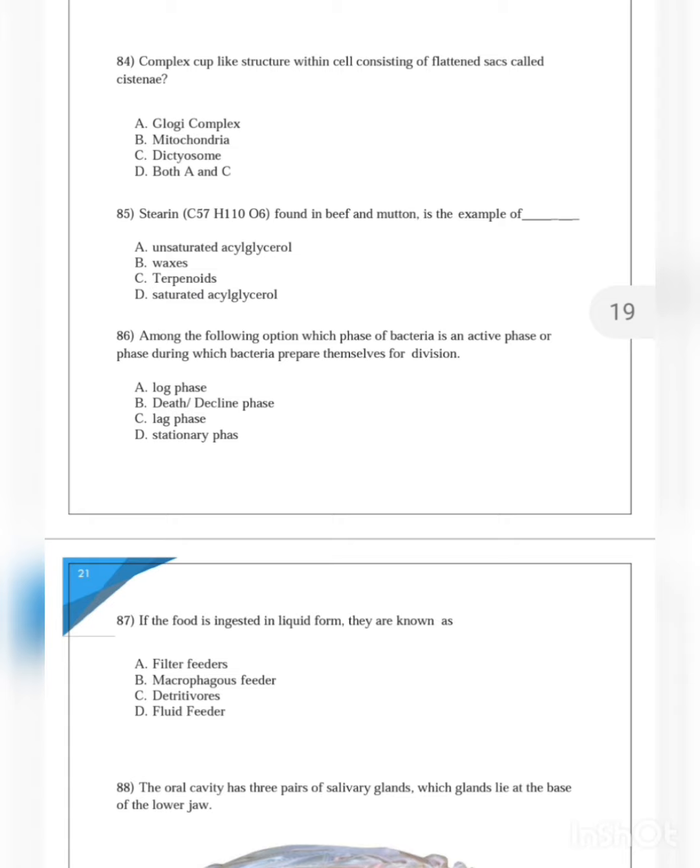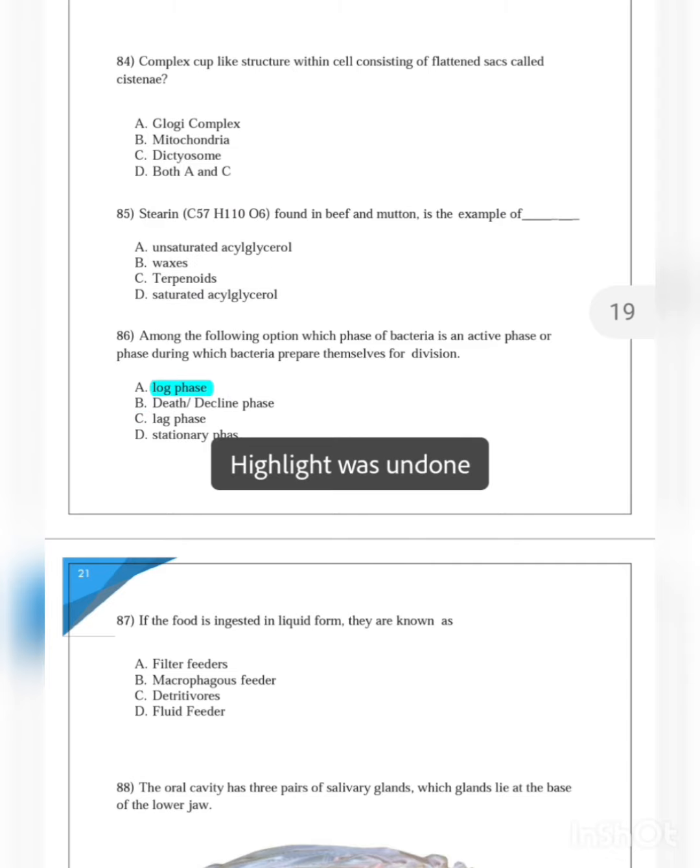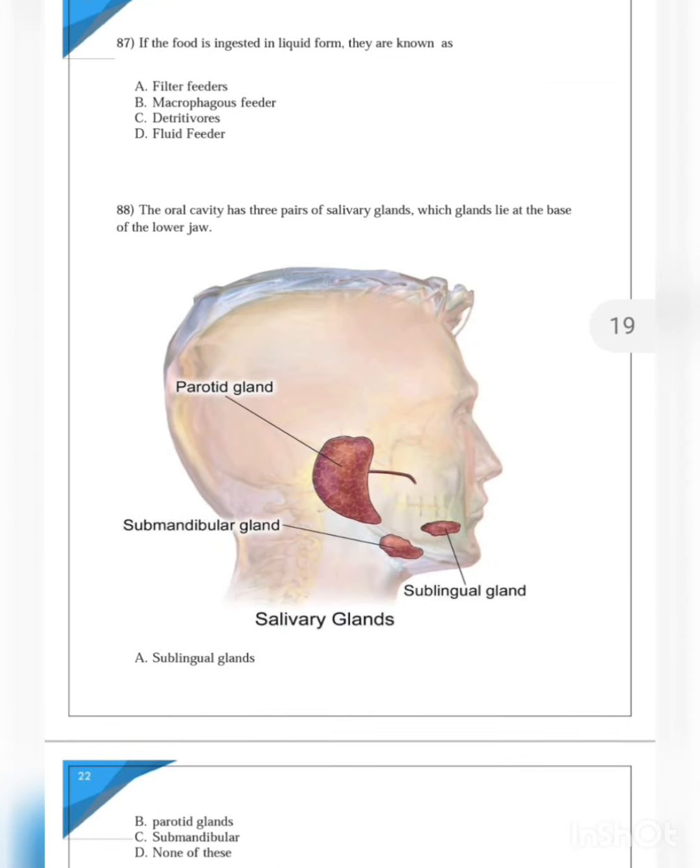So, which is an active phase? I guess it's going to be the log phase, because there is a time where they produce the maximum of their population and it is the maximum position of their population graph. So I think this is going to be the log phase answer.